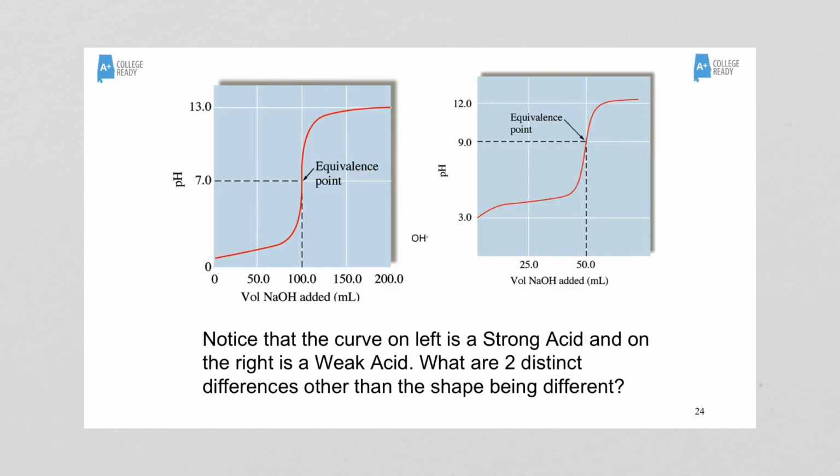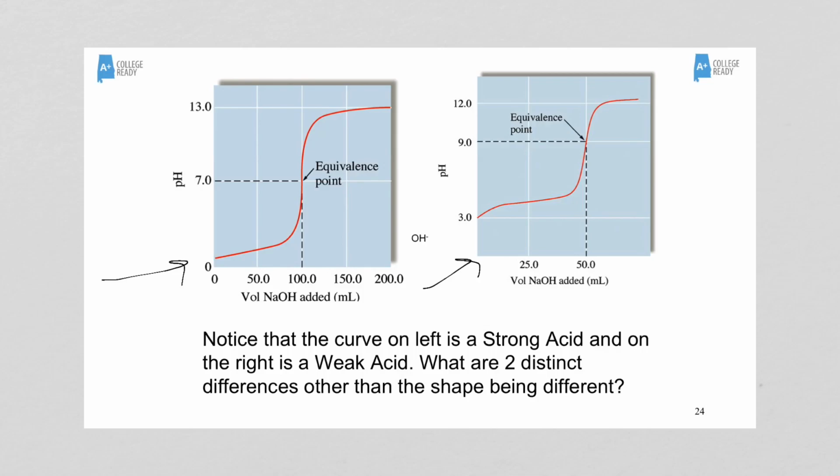So here are a couple curves. Notice this is a strong acid, this is a weak acid. And again, we should be able to tell this from, and I asked the question, what are 2 distinct differences other than the shape?